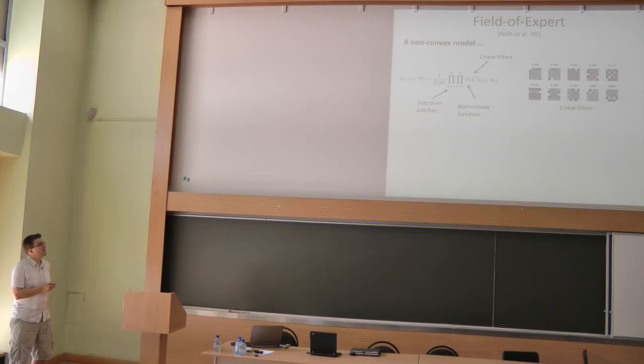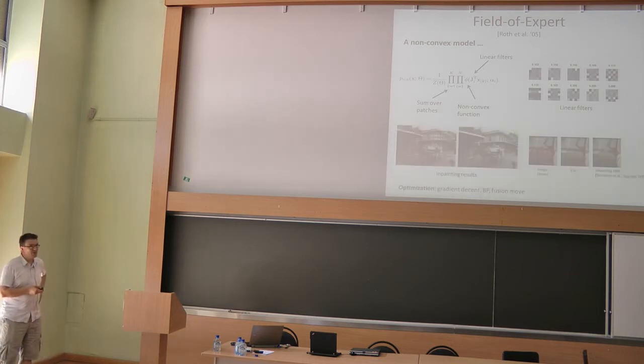And then you sum over every position, every pixel, where you've got such a patch. So it's a sum over all of the filters, and at all of the pixel positions you've got one of these filters. So it's very highly overlapping filters which, due to this function, are non-convex, but they get much better results than the standard smoothing which I've just shown.